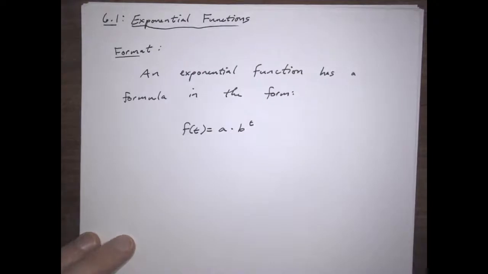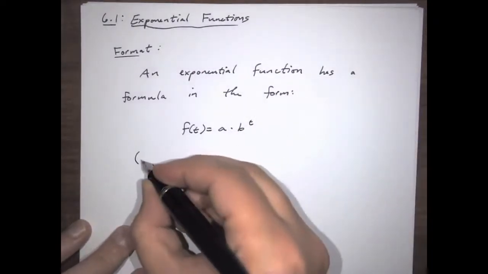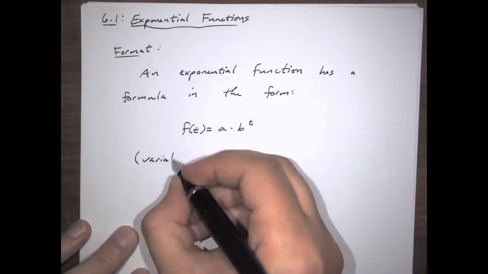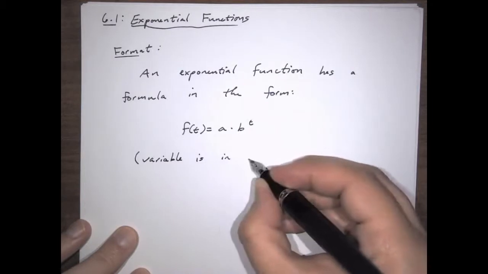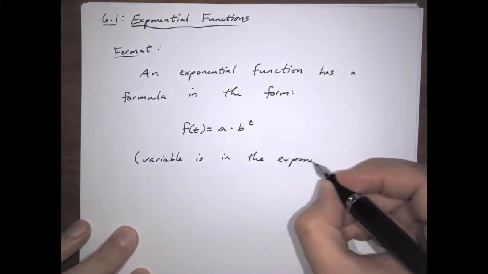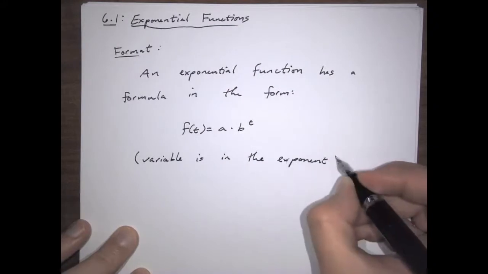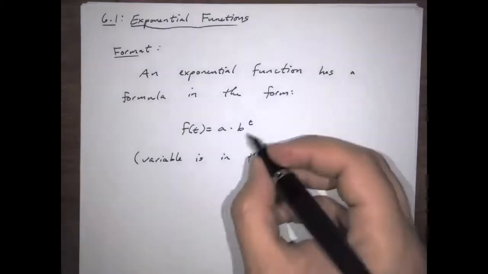The important thing about this is that the variable is in the exponent. So what that means is the factor of b is how much is going to be changing as t steps up.